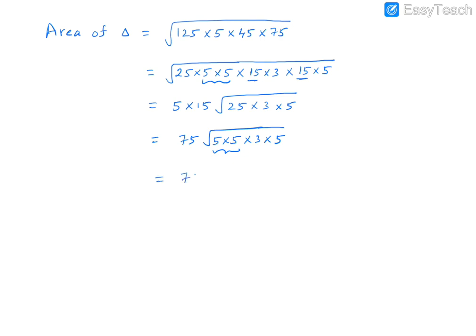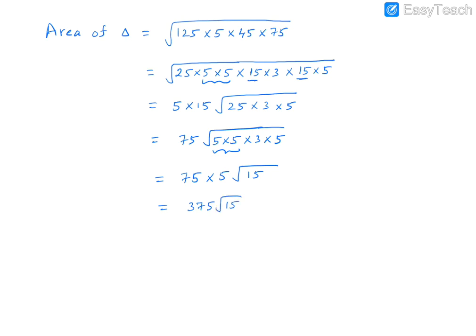So we will get the 75, which is already there. So these two 5s inside the square root can be taken out once outside the square root. And what we are left inside is square root of 3 into 5, which is basically square root of 15. So 75 into 5 into square root of 15. So 75 into 5 is 375 into square root of 15.